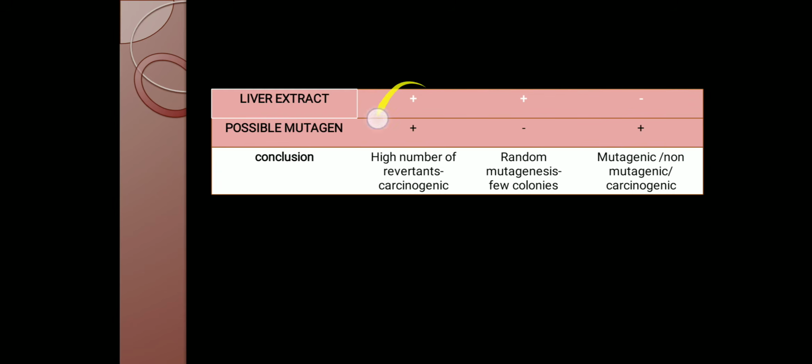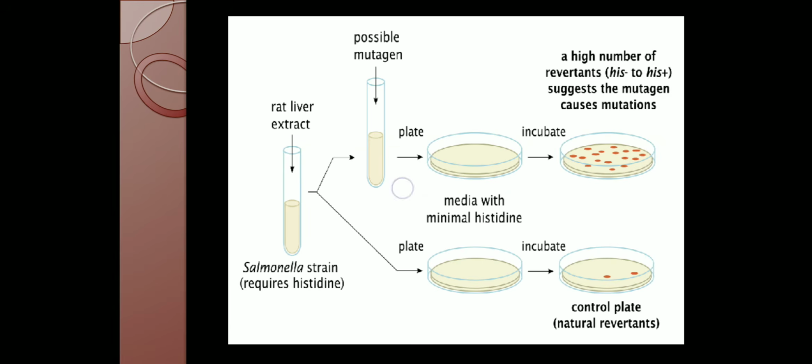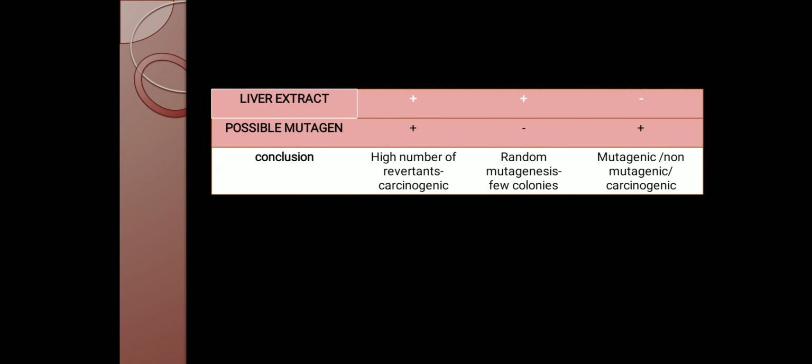If we are using liver extract and the chemical compound, the mutagen, then we are going to observe a large number of colonies growing on the media. You can see here liver extract is there, as well as the possible mutagen, because of which a high number of revertants are seen on the media. Numerous colonies are seen.